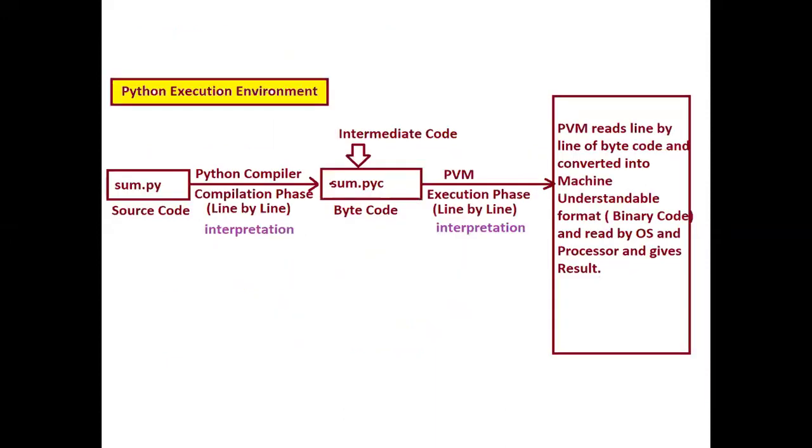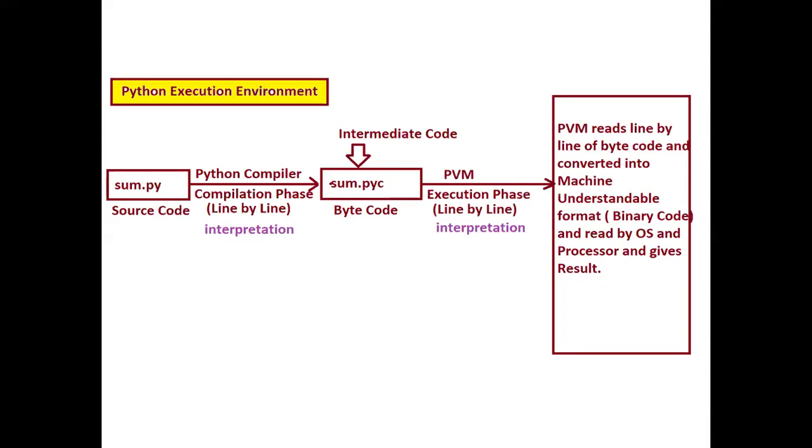So this was the chart in which we can see that I have saved one file as sum.py. The Python compiler reads the source code line by line, and if an error is found, it will display the error. If no error is found, it will convert it into the bytecode, which is sum.pyc.